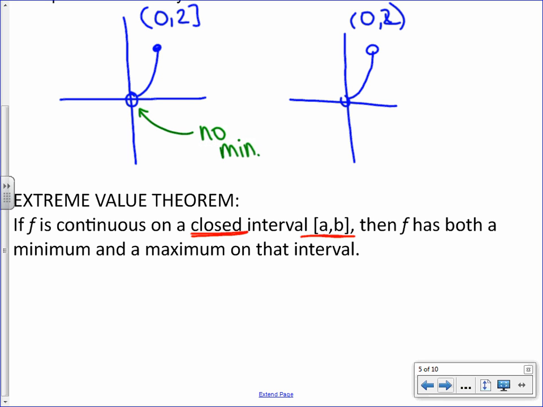And as long as we're continuous and our endpoints are included in the domain, so we have a closed interval, then we will have a minimum and a maximum. Okay? So we need to figure out how to determine when we have minimums and maximums, absolute minimums and maximums.